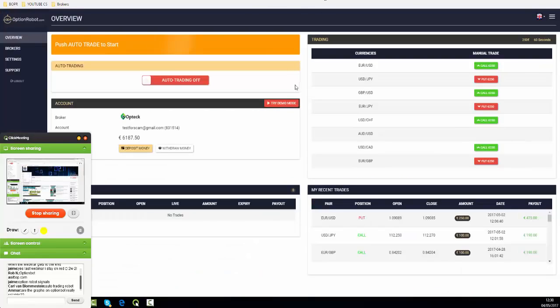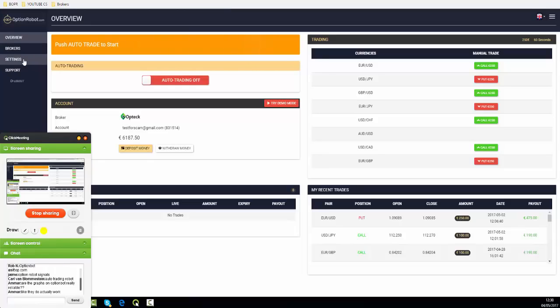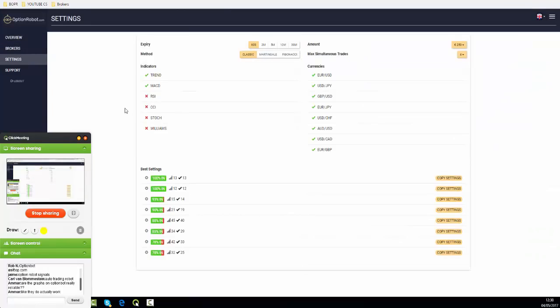So first thing we're going to be looking at is Option Robot and how to use Option Robot effectively. It's all about, with Option Robot, analyzing the trends. For me, I find this is most effective because you need to always have the trend MACD activated.